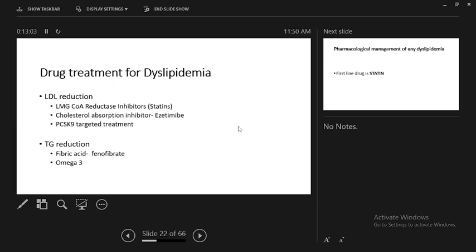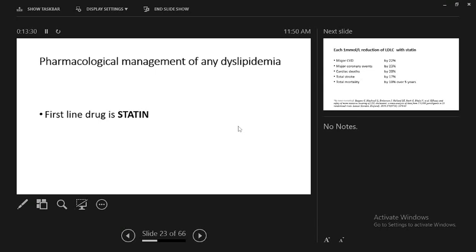I will mainly concentrate today on drug treatment. Under drug treatment, the main things are the HMG CoA reductase inhibitor, that is the statin, which we commonly know, the cholesterol absorption inhibitor, that is ezetimibe, and PCSK9 targeted treatment. For triglyceride reduction, there are fibrates and omega-3, and fibric acids; nicotinic acid, of course, we don't use commonly.